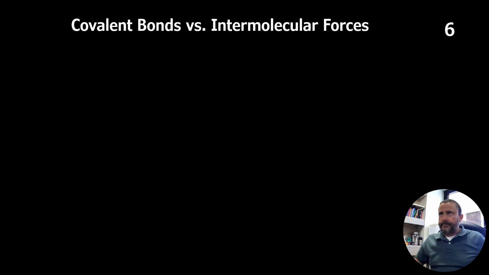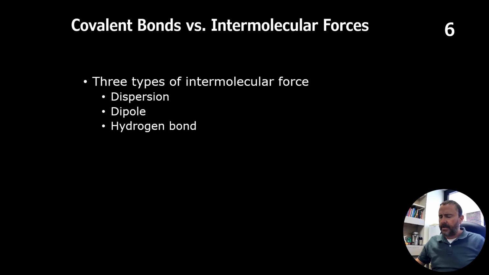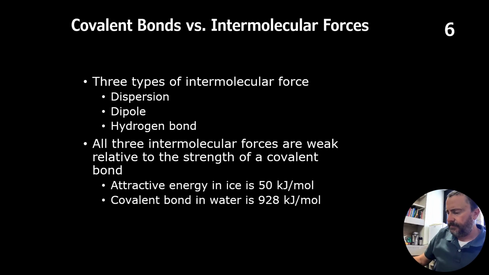All right, next up, let's talk about the difference between breaking a covalent bond versus breaking intermolecular forces. Again, we've got our 3 different types of intermolecular forces, and all of them are relatively weak compared to the strength of a covalent bond itself. The attractive energy in ice is about 50 kilojoules per mole, versus the covalent bond in water, which is about 928 kilojoules per mole.